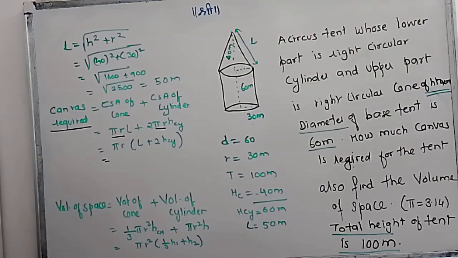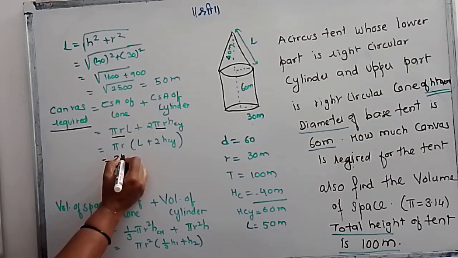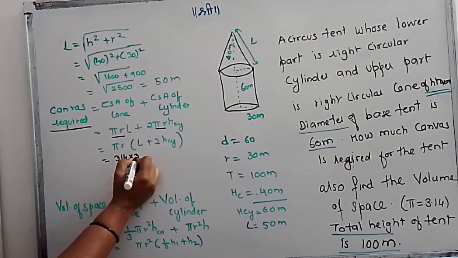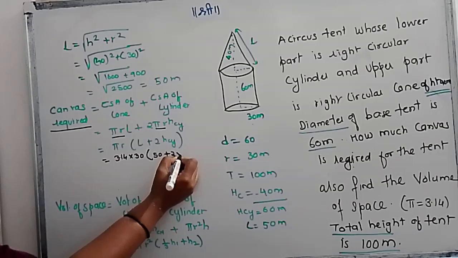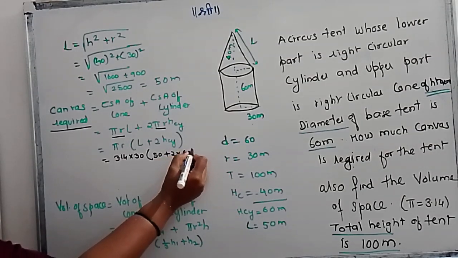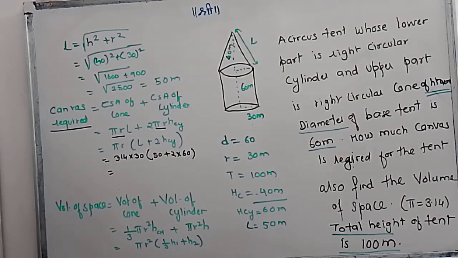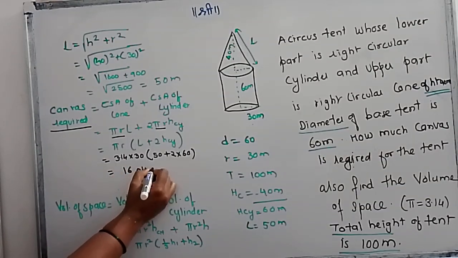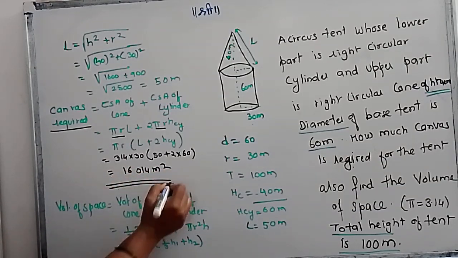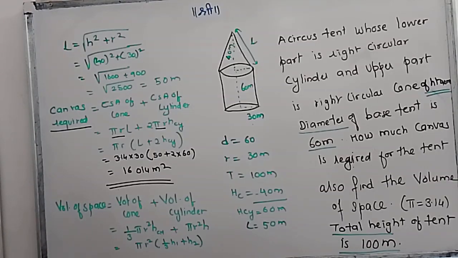So pi is... canvas required for the structure which we have drawn on the board.